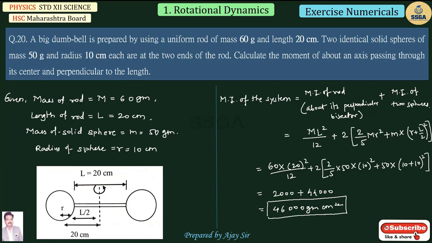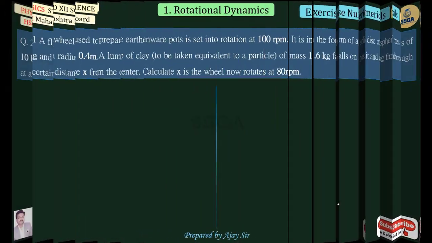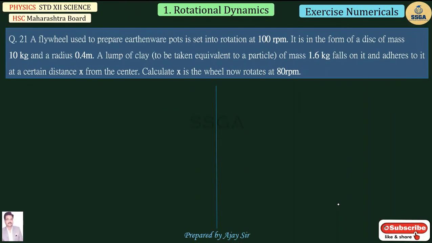Solve now next numerical, question number 21. A flywheel used to prepare earthenware pots is set into rotation at 100 revolutions per minute. It is in the form of a disc of mass 10 kg and radius 0.4 meter.